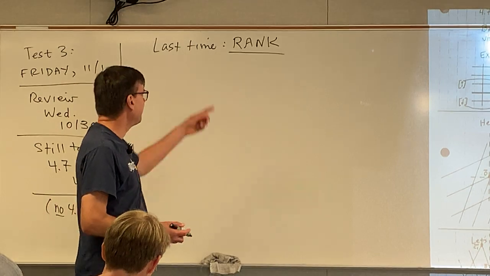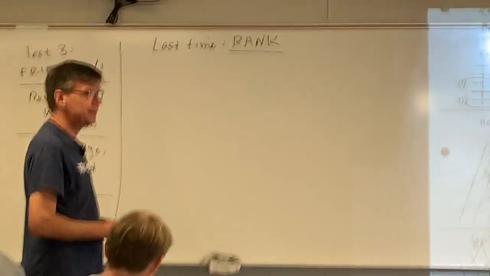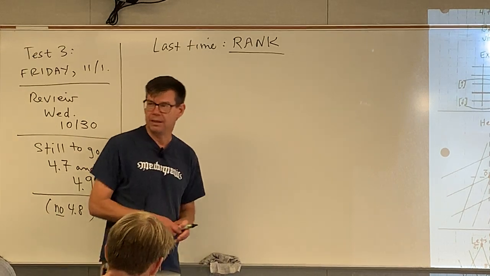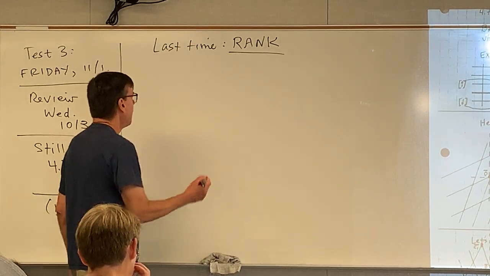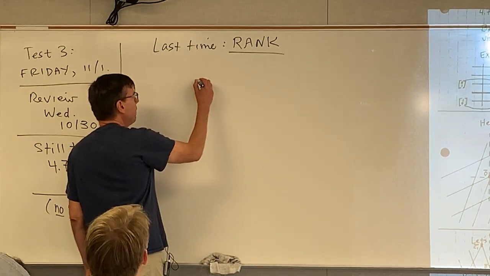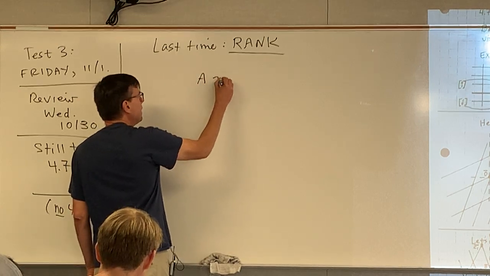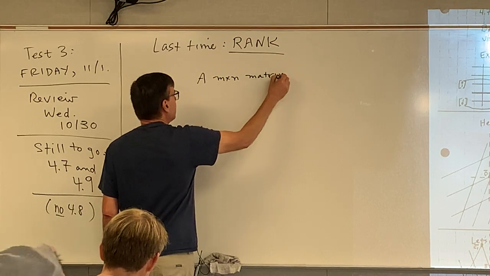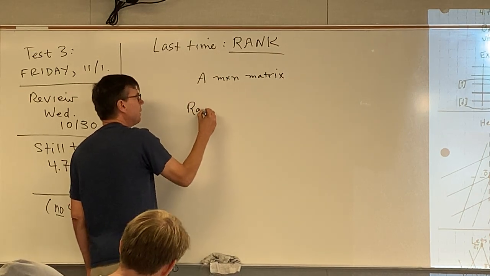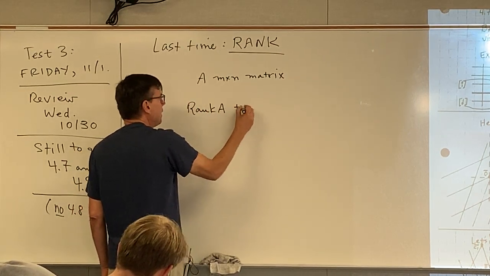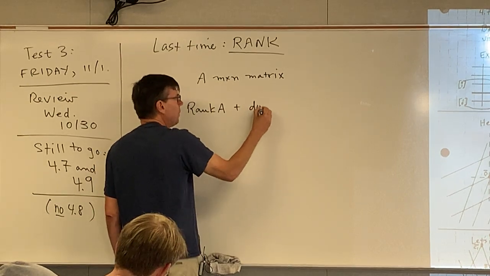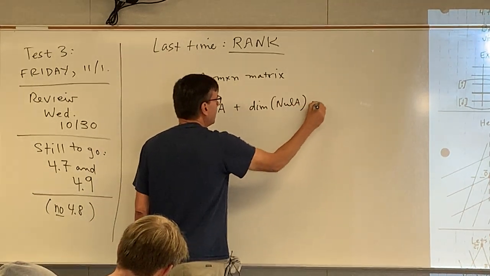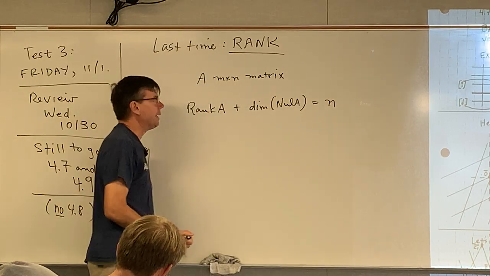I just want to take a moment to go back to this idea of rank, because it's a big issue in linear algebra. If A is an n by n matrix, the rank of A plus the dimension of the null space of A is equal to n.